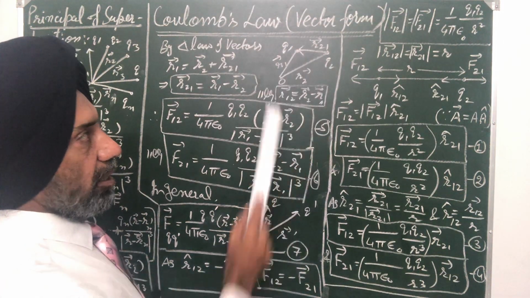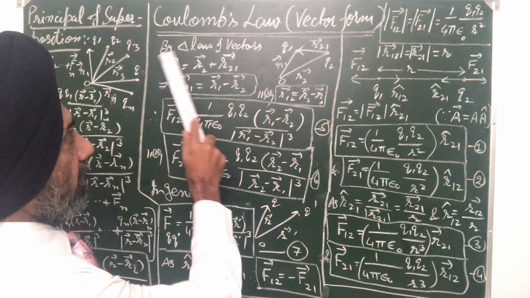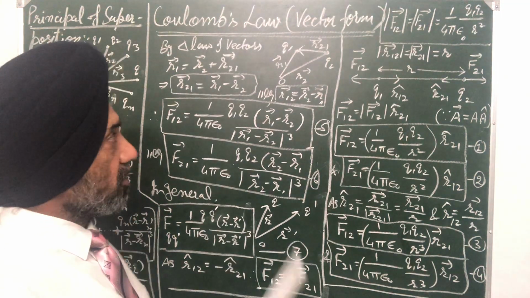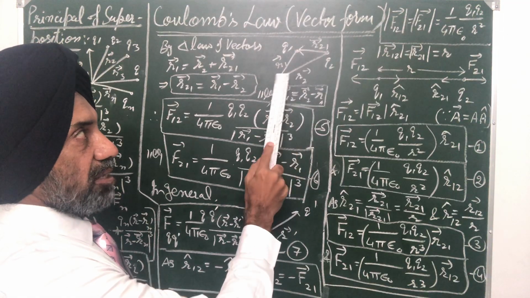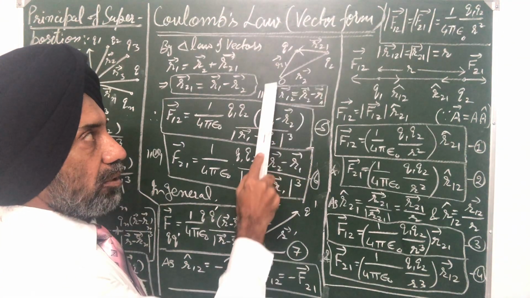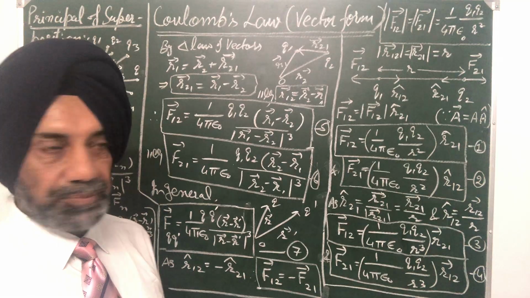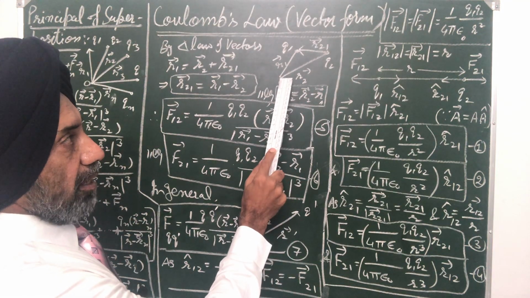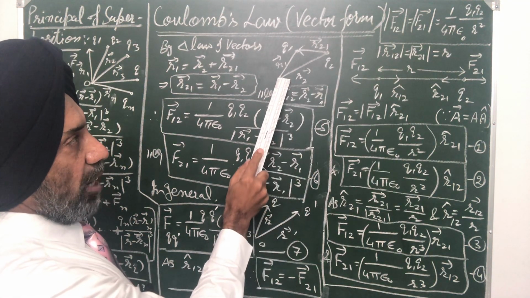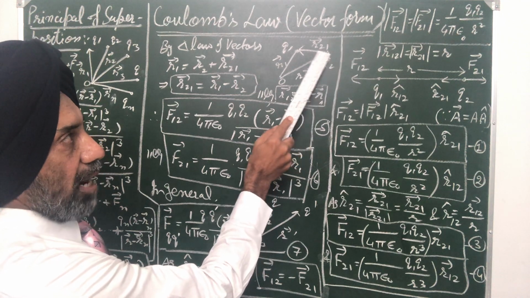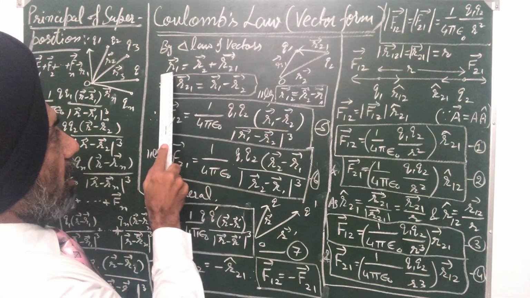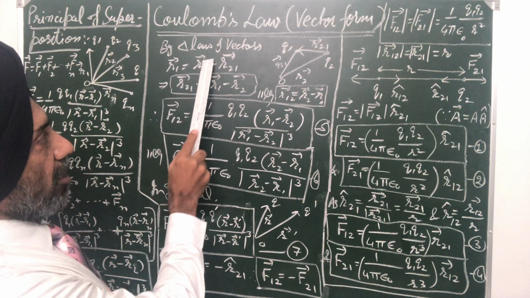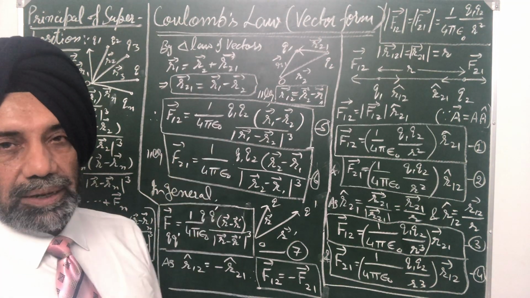So it becomes a triangle, and by triangle of vector addition, which we studied in class 11, the sum of two sides which are in the same order is equal to the closing side. That is, by applying triangle of vector addition, we have R2 vector plus R21 vector is equal to R1 vector. It means R1 vector is equal to R2 vector plus R21 vector.